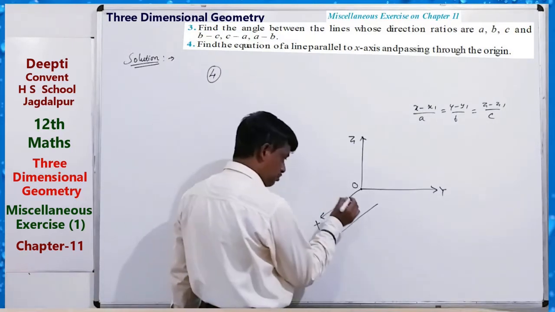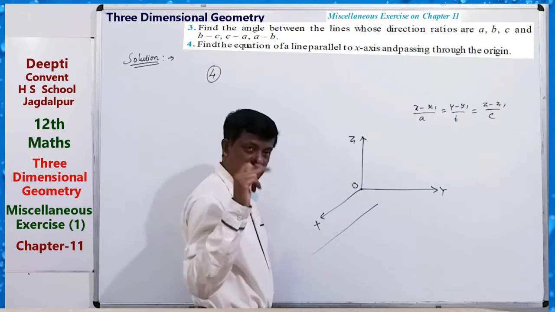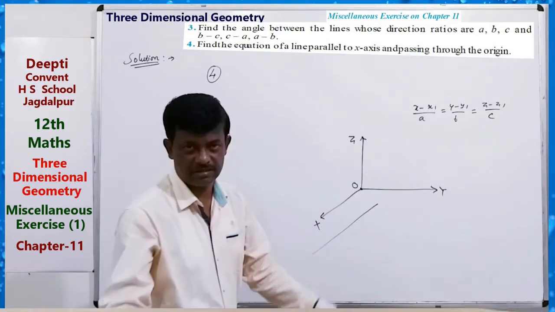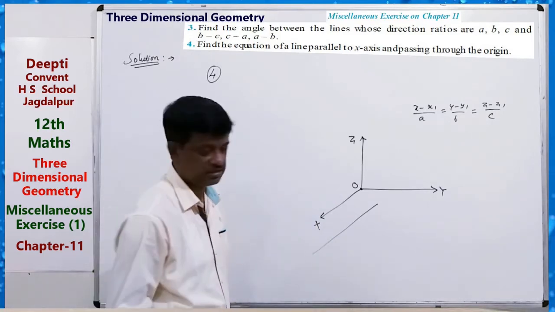Here the line passes through the origin and is parallel to the x-axis, so that is itself the x-axis.